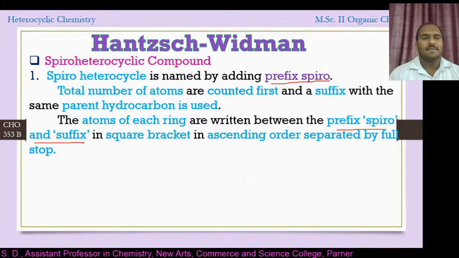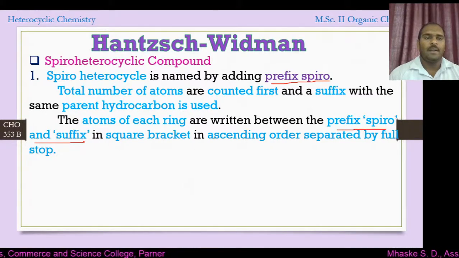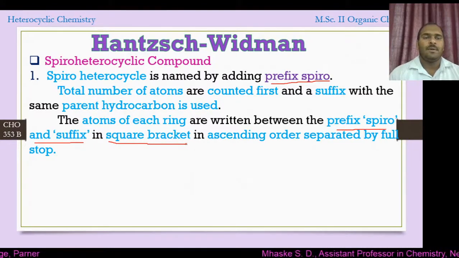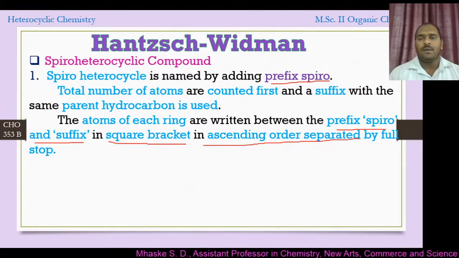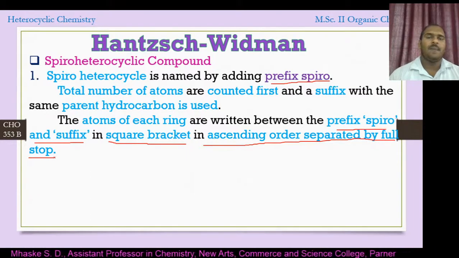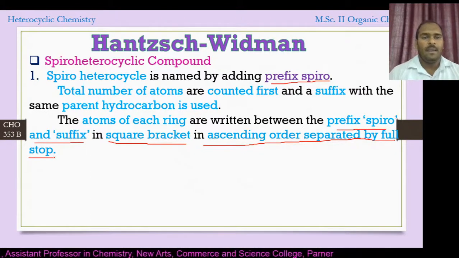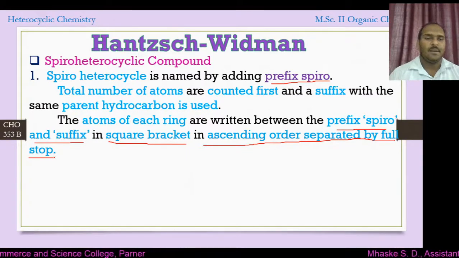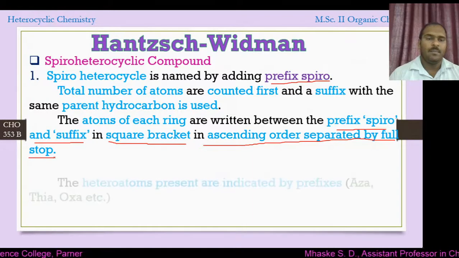So when writing the name, we write spiro as the prefix, and between the prefix and suffix we write, in square brackets, the number of atoms present in each ring in ascending order, separated by a full stop. That we have to remember while numbering.